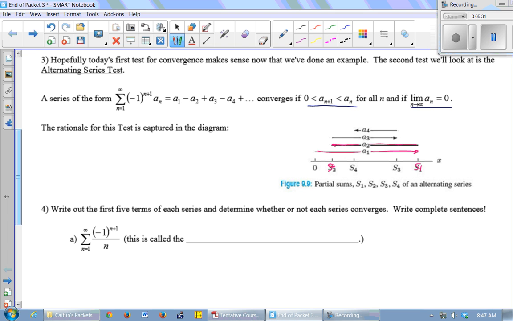And you get S2. And then you add A3, which goes in the other direction, but it's smaller than A2 was, and you get the third partial sum. Then you add the fourth term to get the fourth partial sum, S4, and it's going to keep narrowing in on some particular sum, some convergent value.